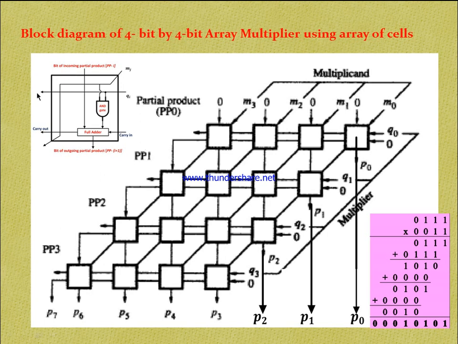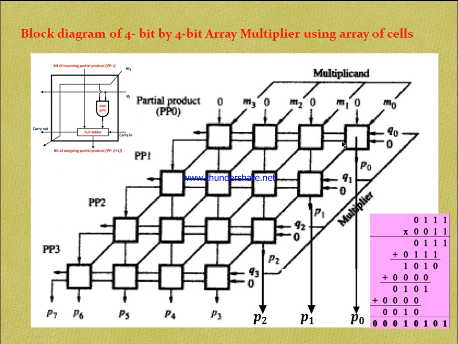This is the cell and this is the multiplication. Now we will see how this multiplication is performed with this circuit. All these boxes are nothing but this cell. For multiplication of two 4 by 4 bit numbers, we require 16 cells. You can see the arrangement is in this way.